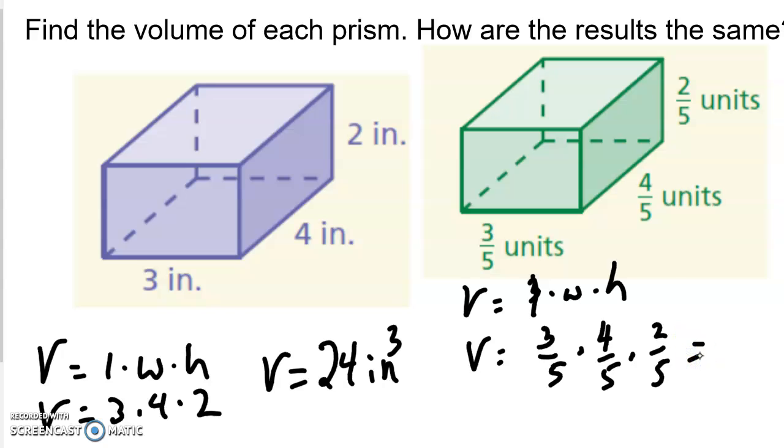Remember our rules for multiplication? I can look for cross-canceling if I see any, and I see nothing for cross-canceling. So 3 times 4 is 12. 12 times 2 is 24. And then 5 multiplied by 5 is 25 times 5. 125 units cubed. You love it when it's simple that way.